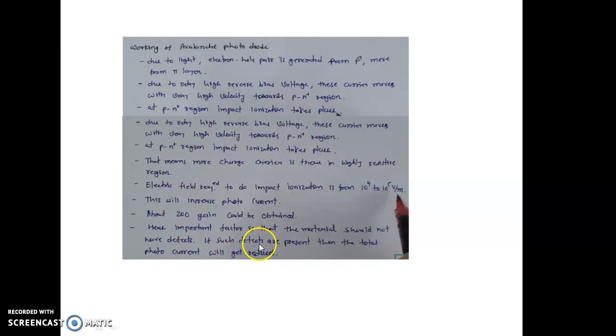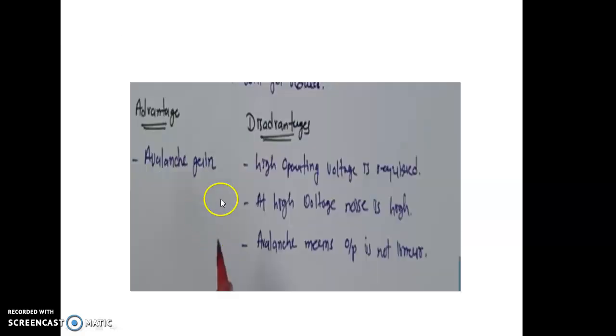If such defects are present, then the total photocurrent will be reduced. Advantages: it has more avalanche gain. Disadvantages: a high operating voltage is required. At high voltage noise is very high. Avalanche means the output is not linear. Thank you.